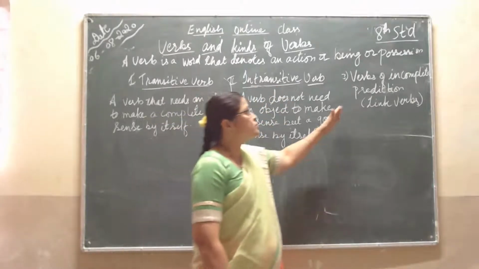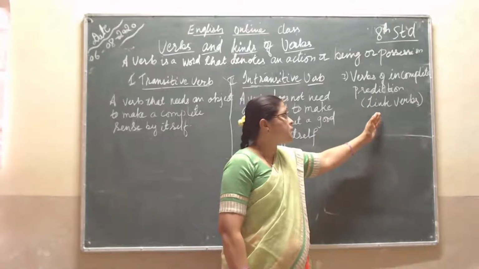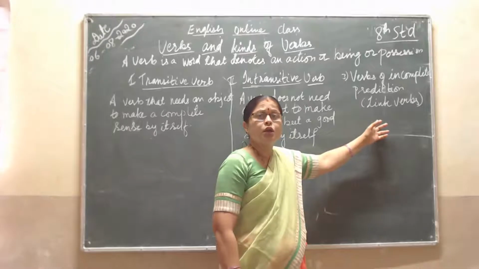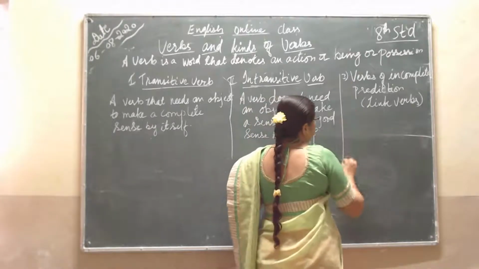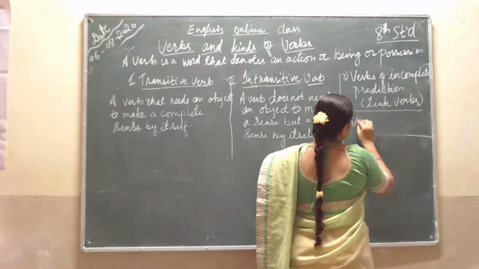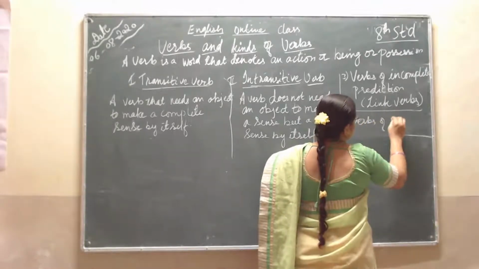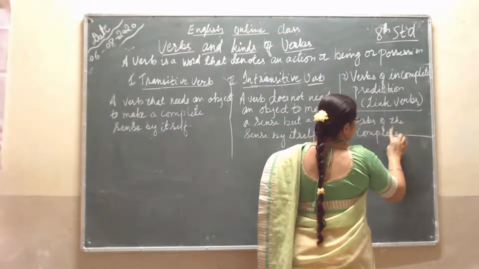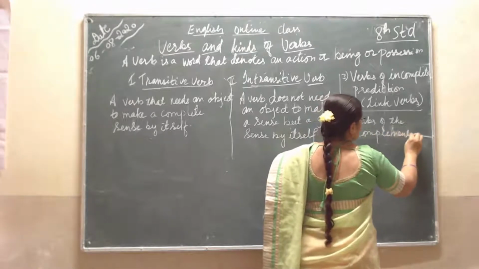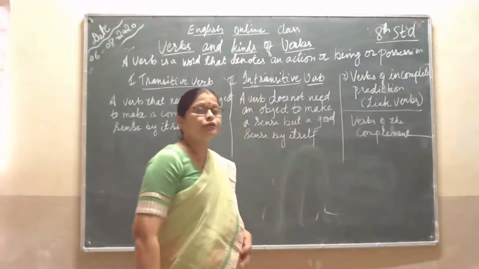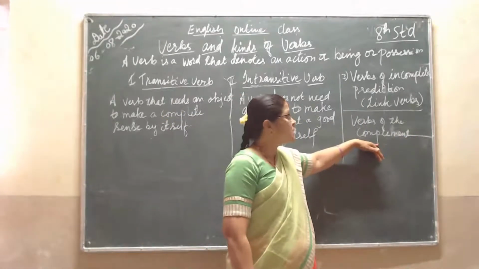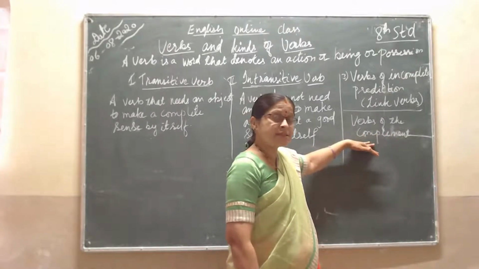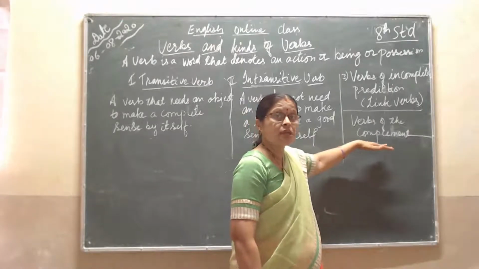Then come the verbs of incomplete predication. Those are all link verbs. Link verbs are nothing but the verbs of complement. These kinds of verbs are very few in number. The sentence should be completed using these words.